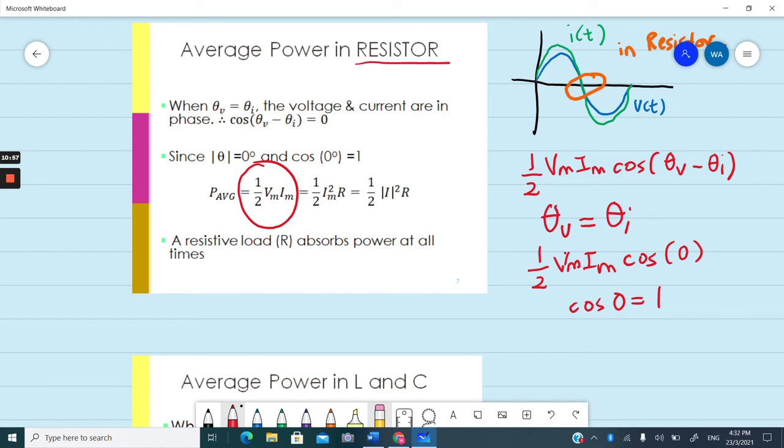You know that in Ohm's law, V equals IR.